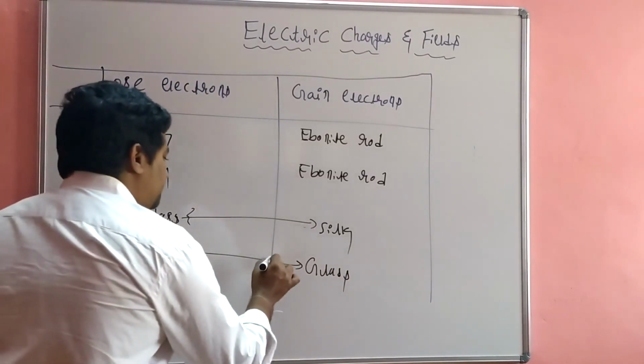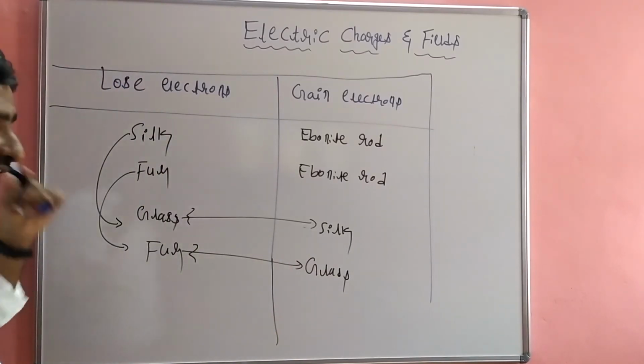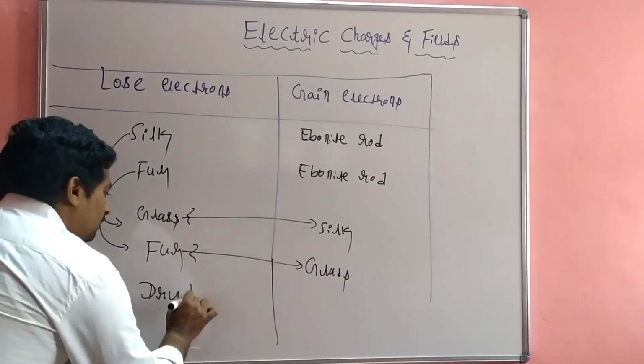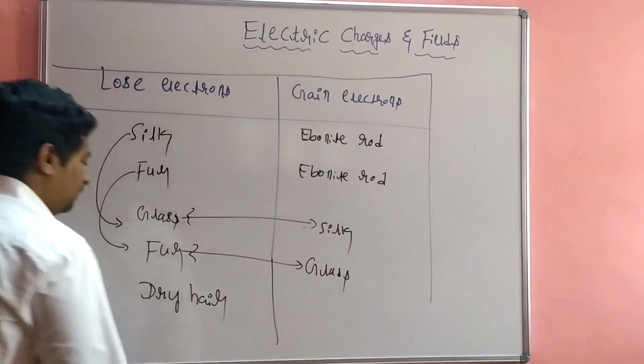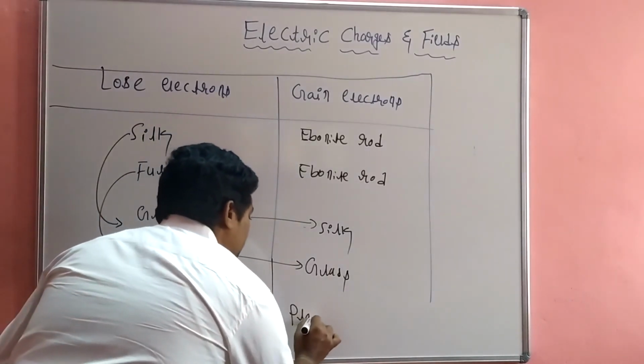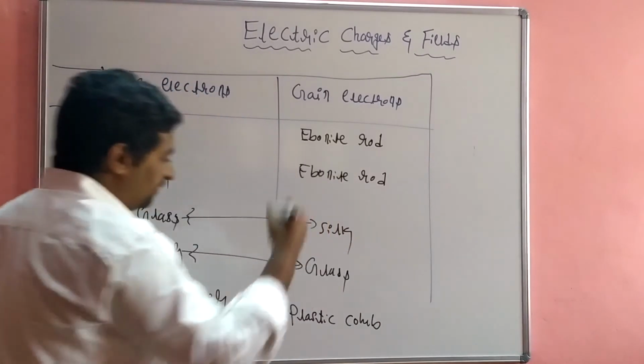Then the plastic comb is rubbed with dry hair. The dry hair loses the electron and the plastic comb gains the electron.